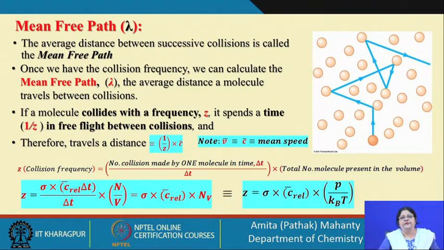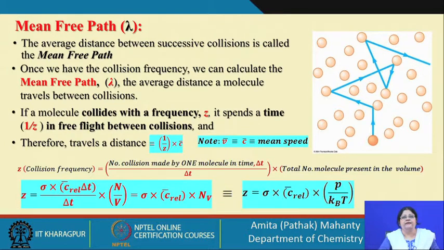If the time spent in free flight is taken to be 1 by z, then what is going to be the distance travelled? If they are moving with a mean velocity c bar, and time is 1 by z, then the travelled distance is velocity times time, so it is going to be the average velocity times 1 by z.